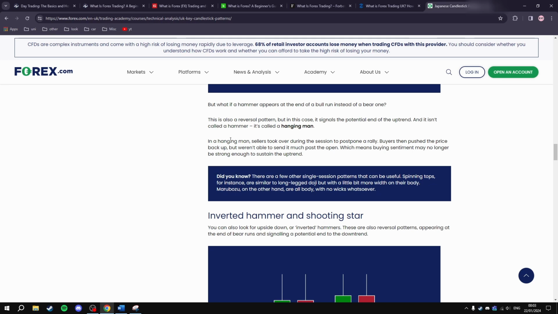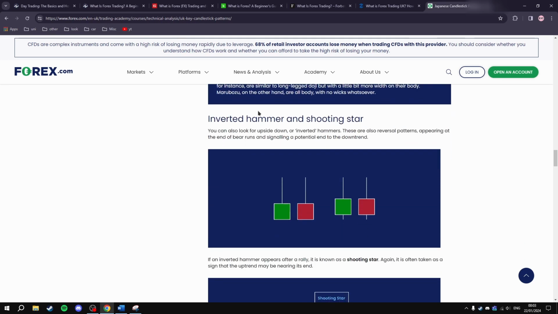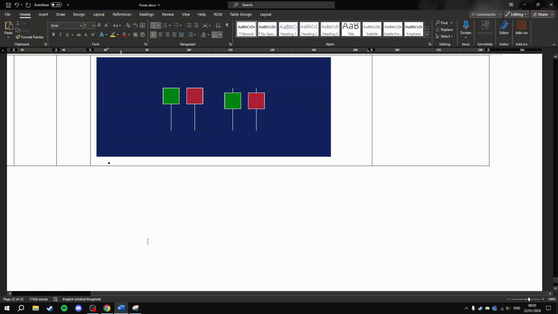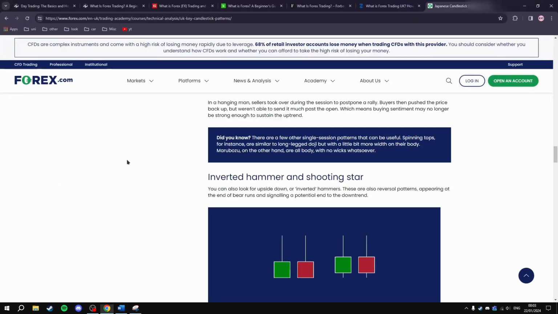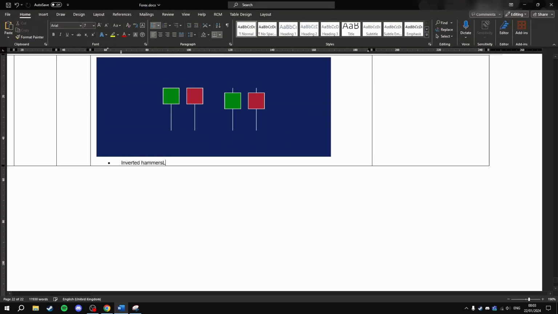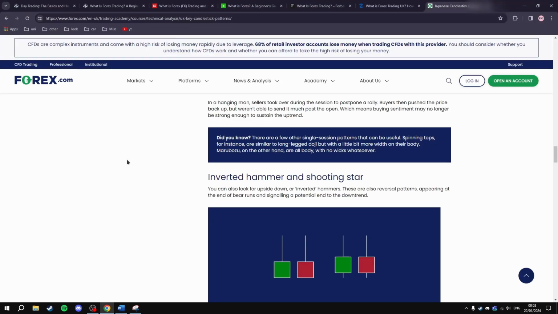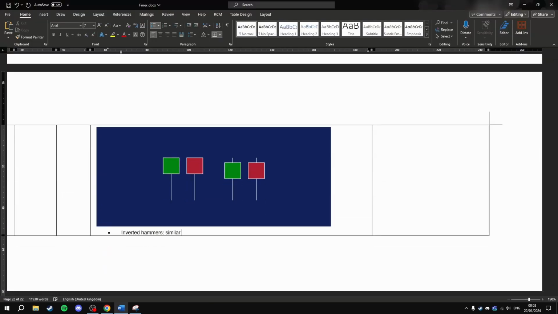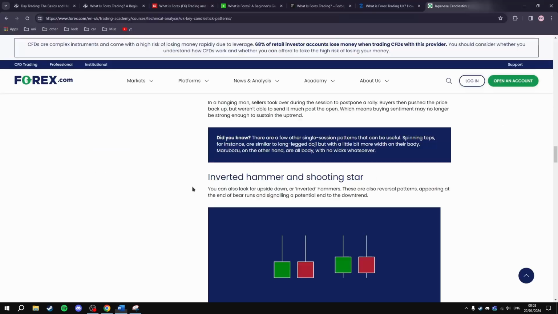Right, let's go through this. Inverted hammer and shooting star. You can also look for upside down or inverted hammers. These are also reversal patterns appearing at the end of bear runs and signaling a potential end to the downtrend. Similar to hammers.